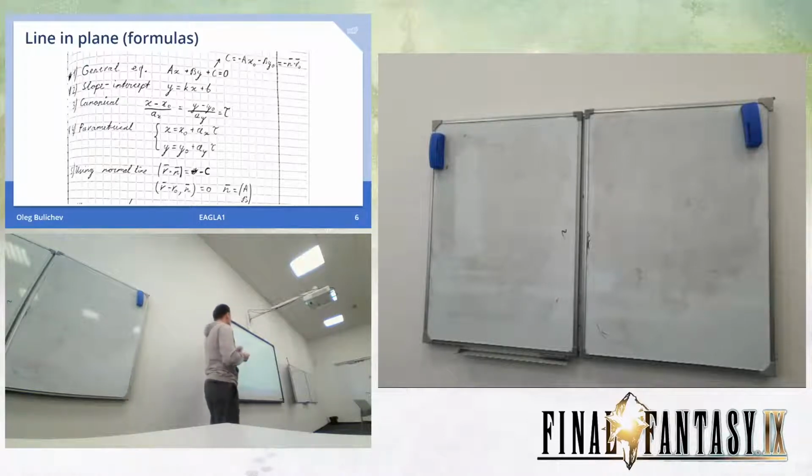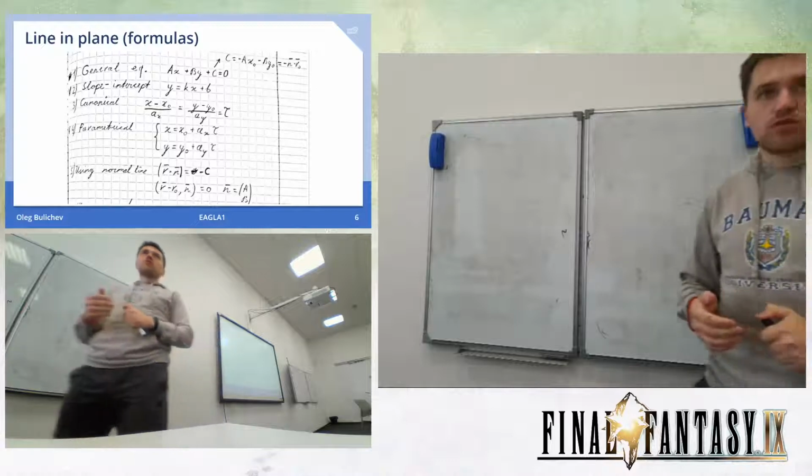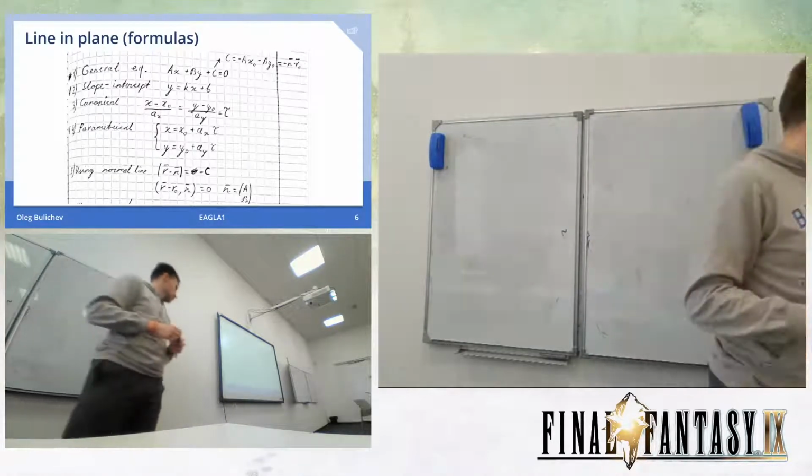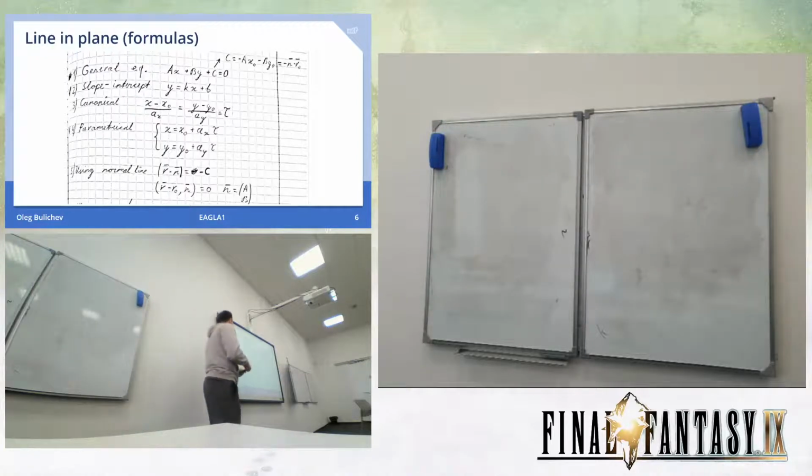So we have the general equation. Who knows how it appeared? Why do we have this equation? Not what it is, but why it appeared in such a form. It appeared from the third canonical equation. We substitute instead of.